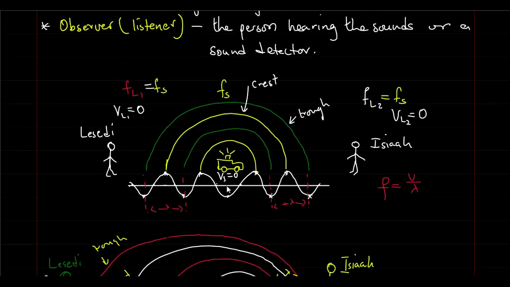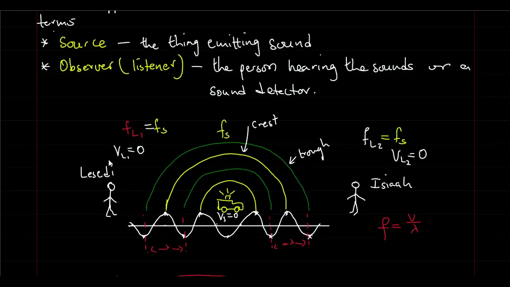If you check the scenario above, all of the points of interest have the same velocity, which is zero. The source has the same velocity as the observers.